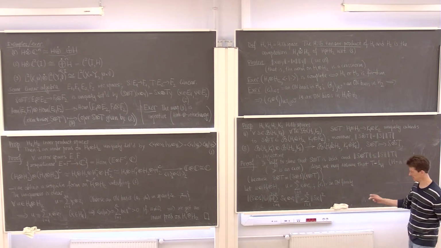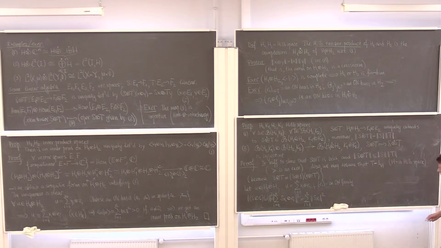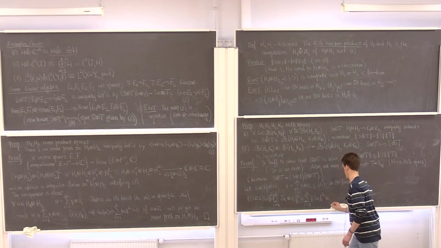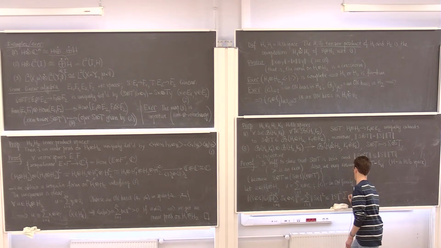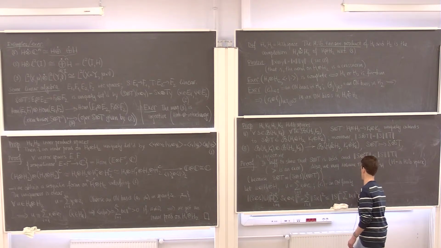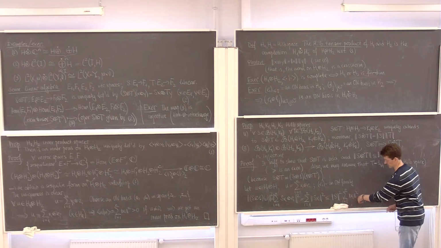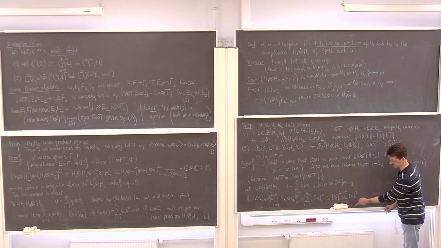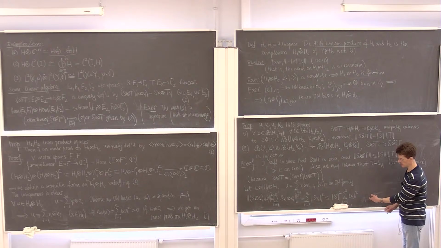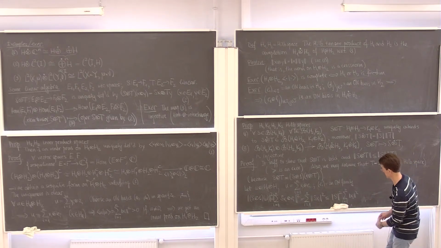This is because e_i is an orthonormal family. And this can be estimated as follows. But the sum of the squares is nothing but the norm of u squared.